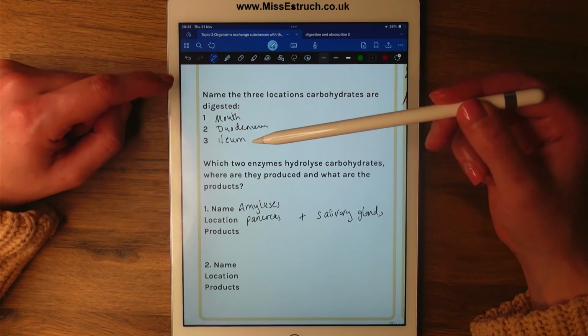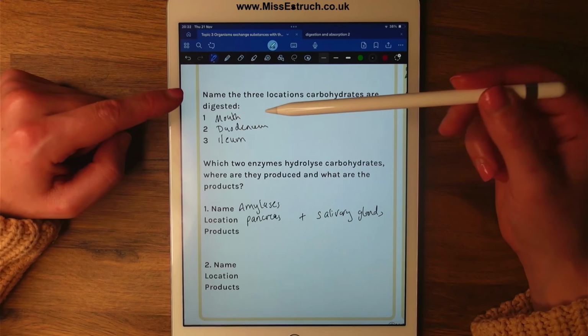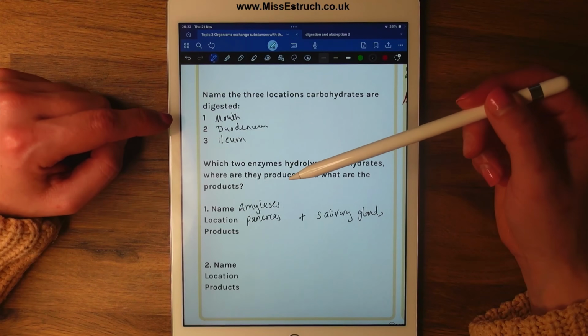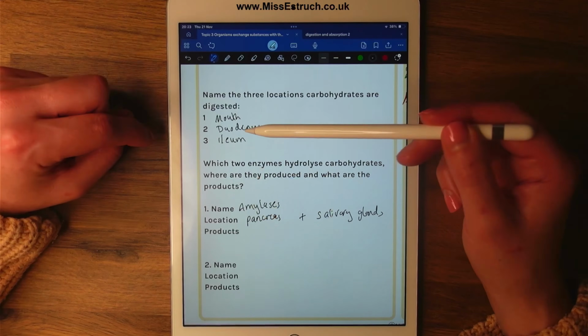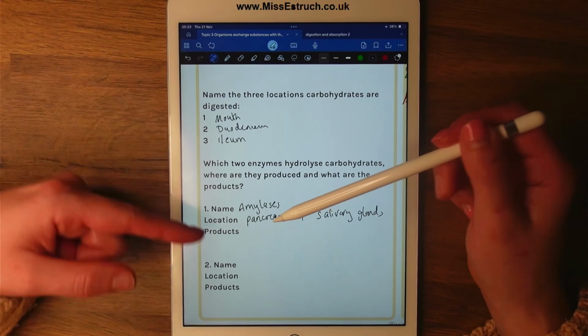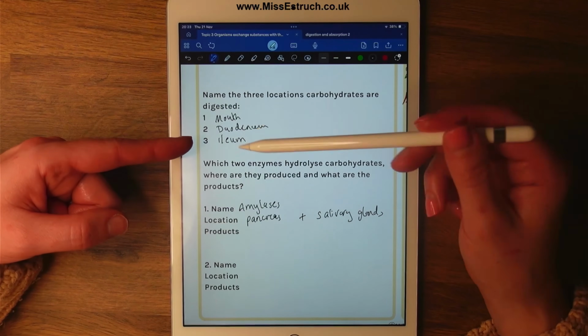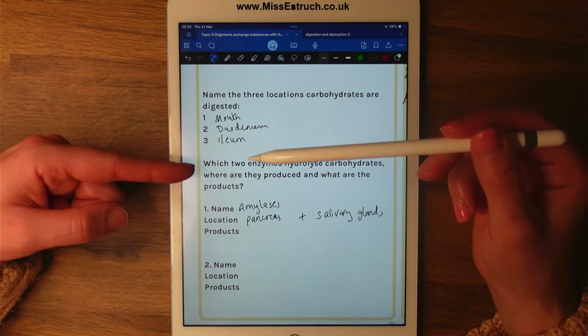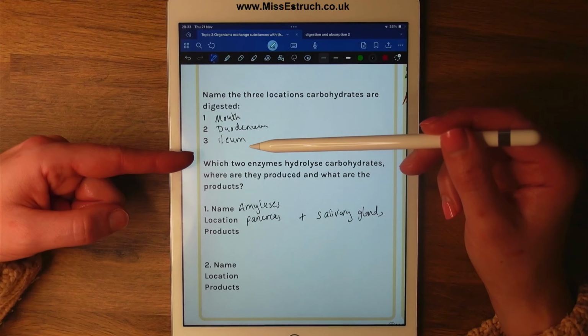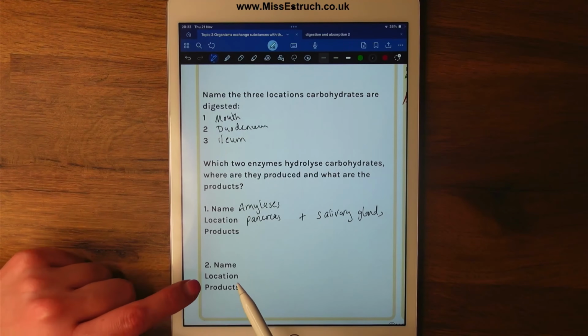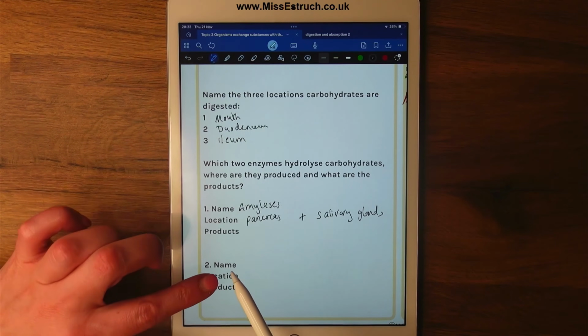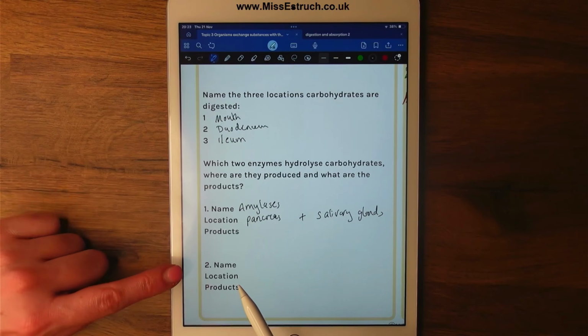Then anything that is digested there is swallowed, goes down the esophagus into the stomach, and then out of the stomach into the duodenum. And at that point, the pancreas will be releasing amylases into the duodenum, and that's why there's digestion there. And then finally in the ileum, that's where we get to the second stage, which is the membrane-bound disaccharidases.